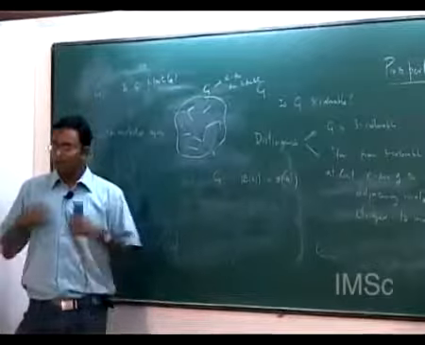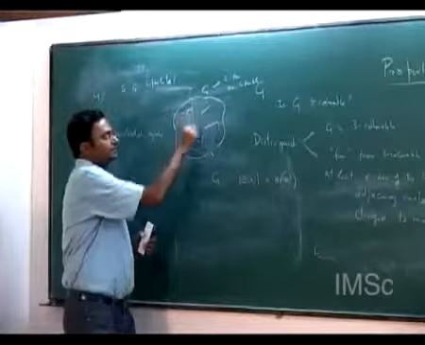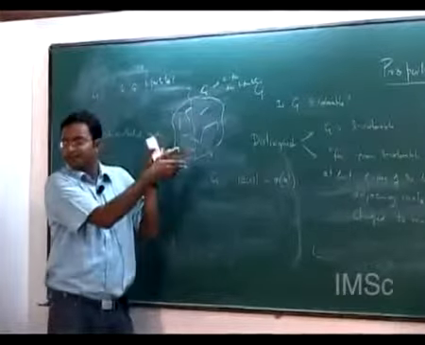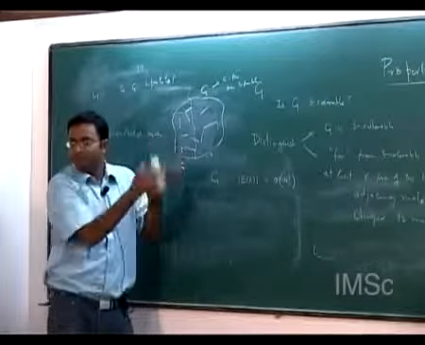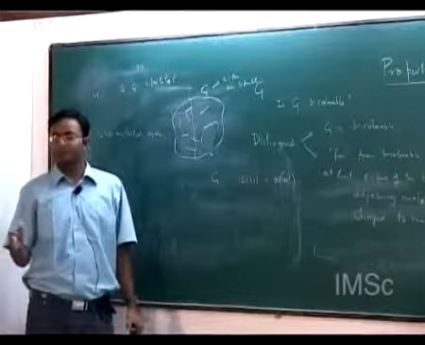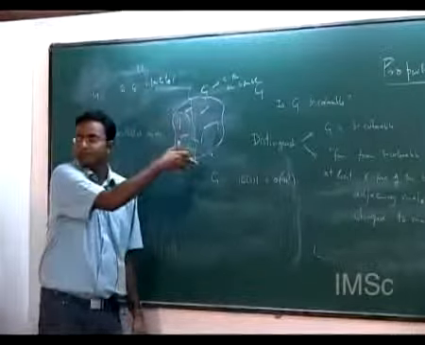Why? Because I can try to find a bipartition, and if every bipartition has a violating edge, then that bipartition is thrown out. So if for every bipartition there exists a violating edge, then I am done.